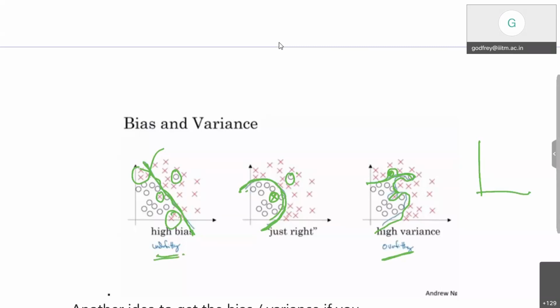Traditionally we say that you cannot have a low bias, low variance system, because if you have a low variance system, then you are going to have a high bias system.